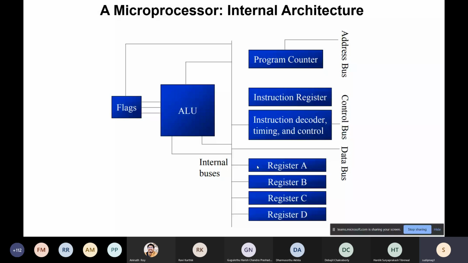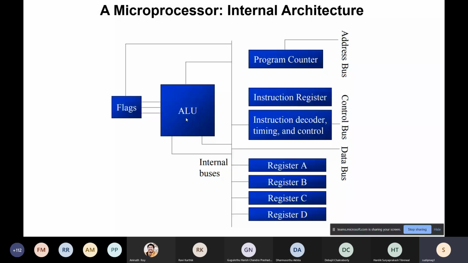Those write and read signals for the internal blocks are also controlled by this timing and control. So I will say this timing and control, in addition to the instruction decoder, is the heart of any microprocessor. It is the brain also, you can say, that basically takes necessary action. It signals other blocks, even memory outside the microprocessor.